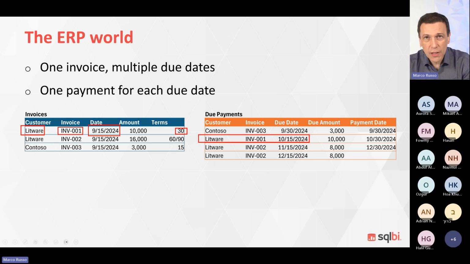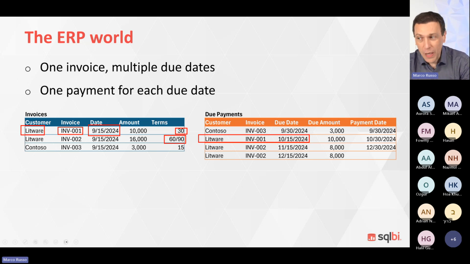But look at the second invoice. The second invoice has a payment term 60/90. So the amount of the invoice is divided in 2 different payments, 50% after 60 days, 50% after 90 days after the invoice date. So for one invoice, we have 2 expected payments.